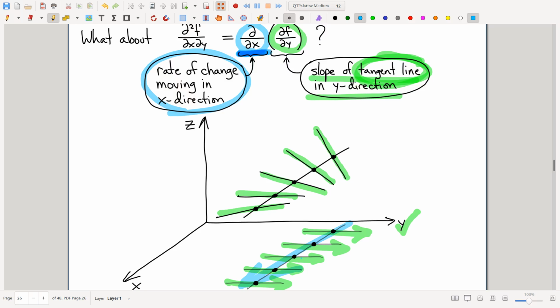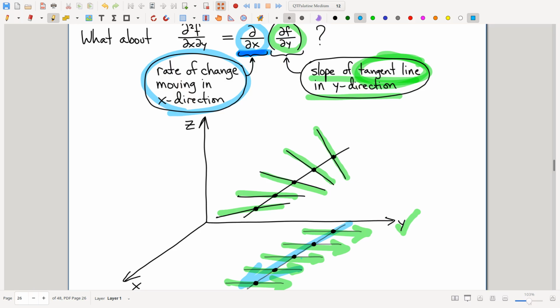Let's think about it numerically. This back slope here appears to be pretty negative, I don't know, about -2. This one here, maybe about -1. This one here, maybe -0.5. This one's about 0. This one's getting positive. As we're coming out of the page, going in the x direction, these y slopes are increasing: negative back here, positive out here.